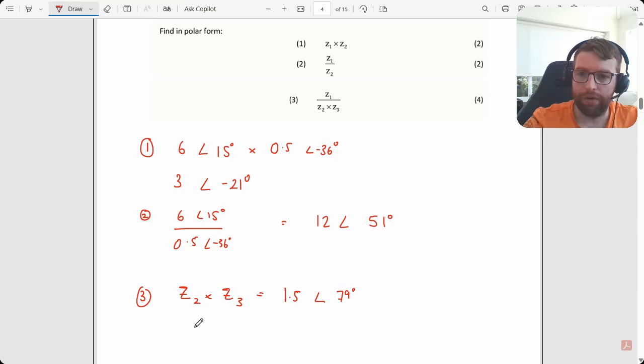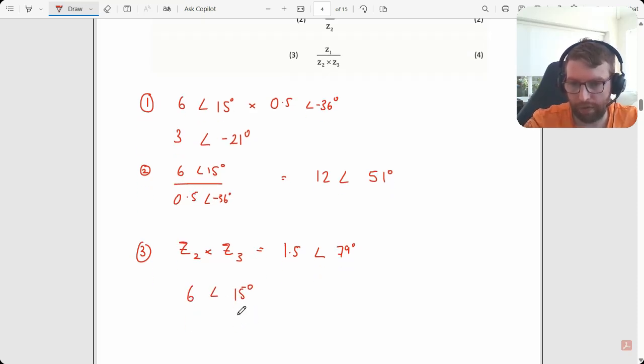So we've got Z1. Z1 was the 6 and the 15. And then we've got 1.5 and 79. We divide these numbers, we get 4, and then that one subtracting.